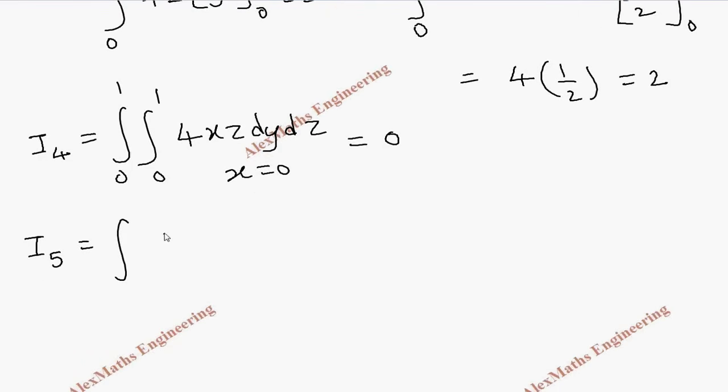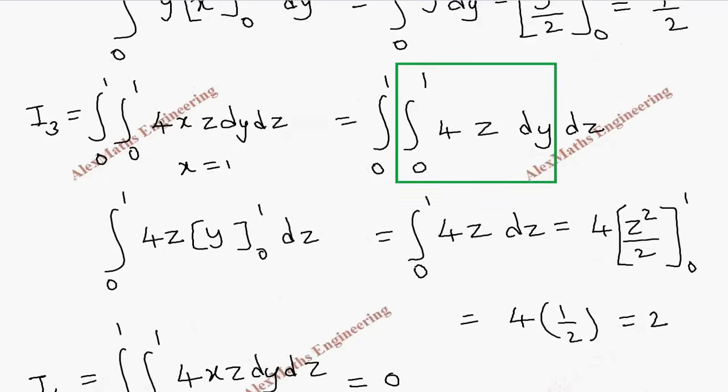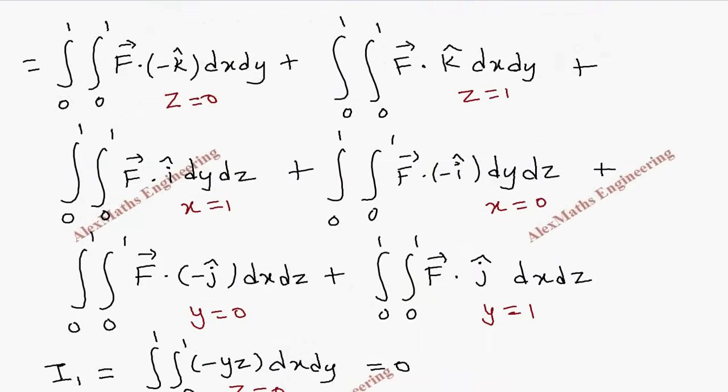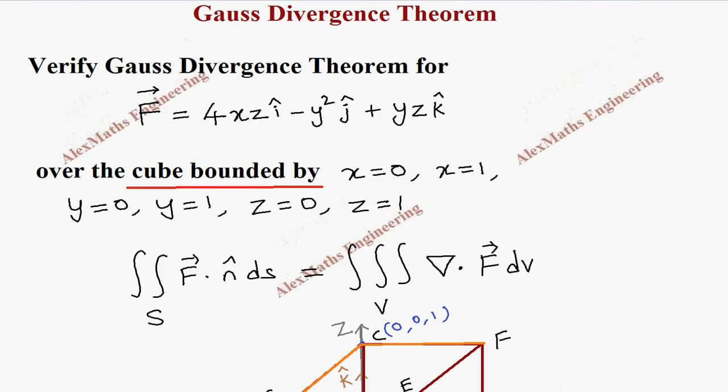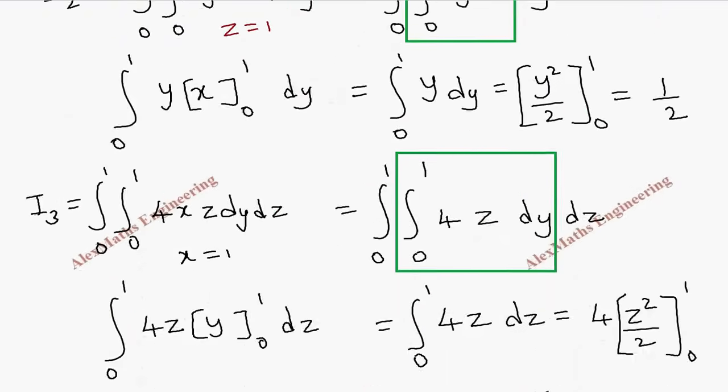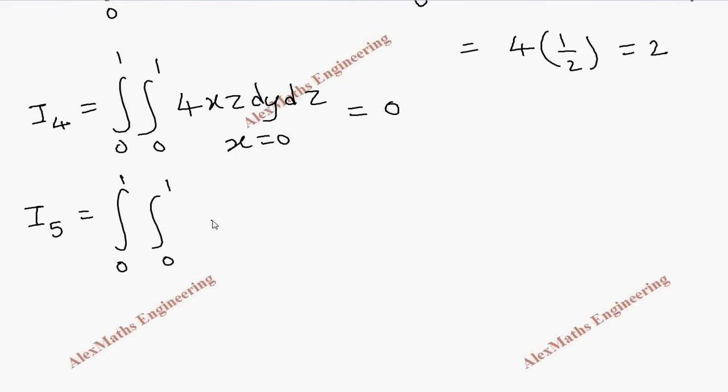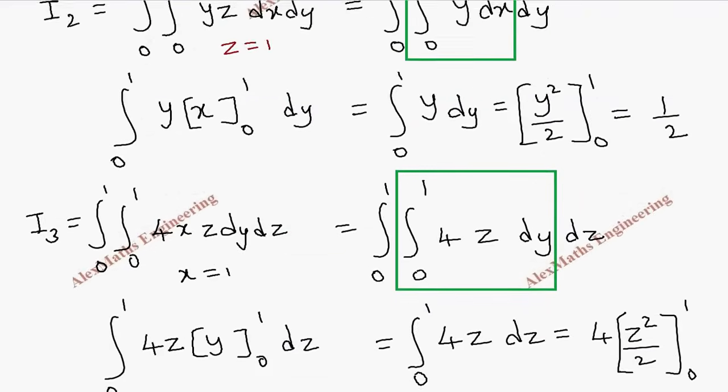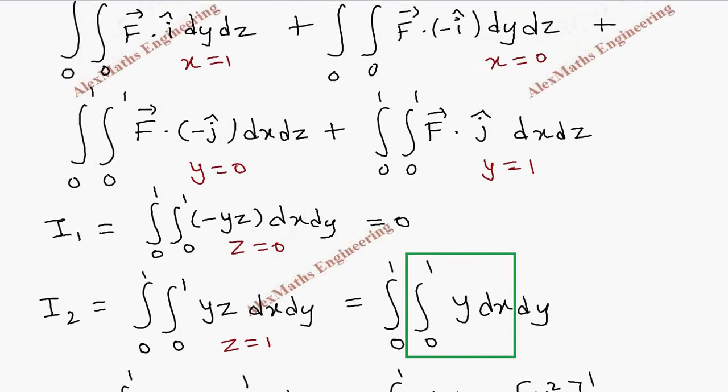So double integral 0 to 1, 0 to 1, f dot minus j. So when I do the dot product of j with this f vector, we are left with minus y square alone. So it is minus y square, and there is also a minus sign here.